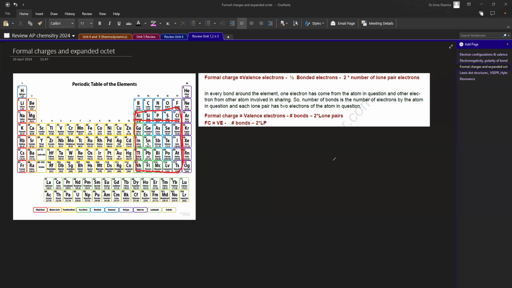Like chlorine has 7 valence electrons. So what do you think? Chlorine can make maximum how many bonds? Maximum. How many bonds can chlorine make? 7 bonds. There is a structure of chlorine.